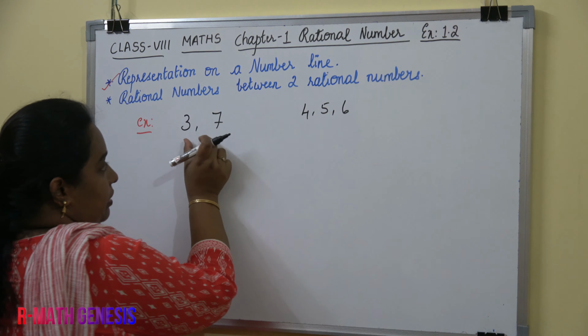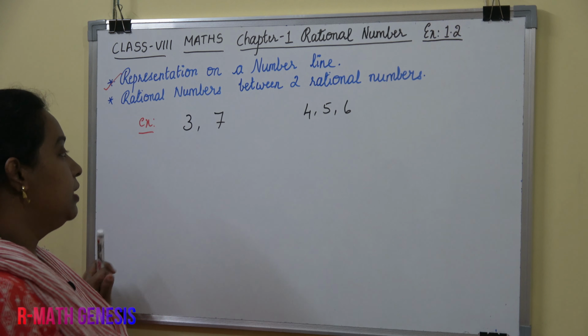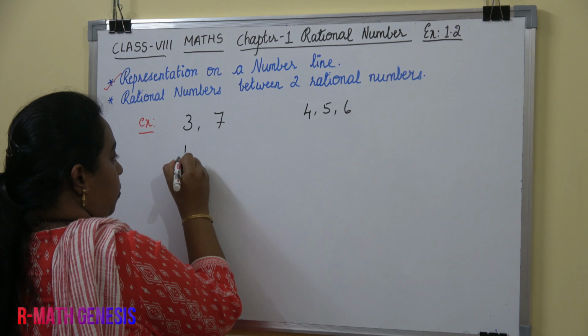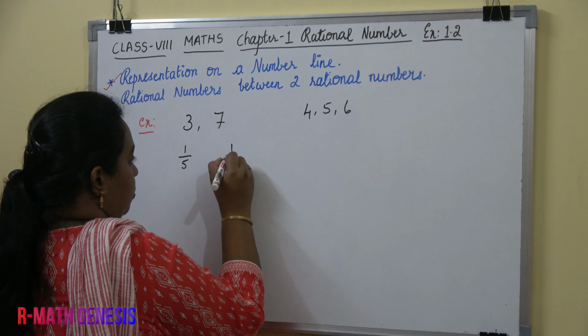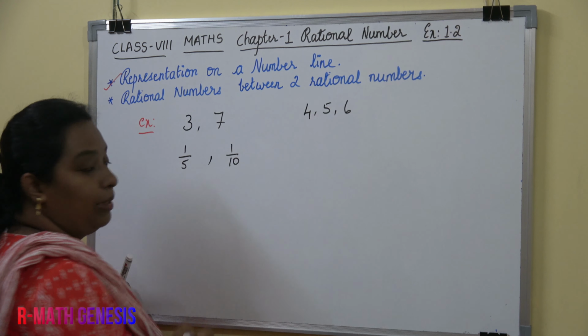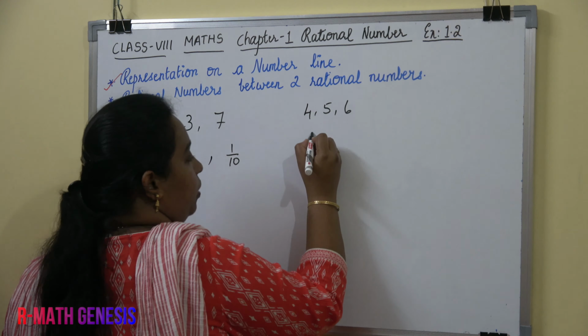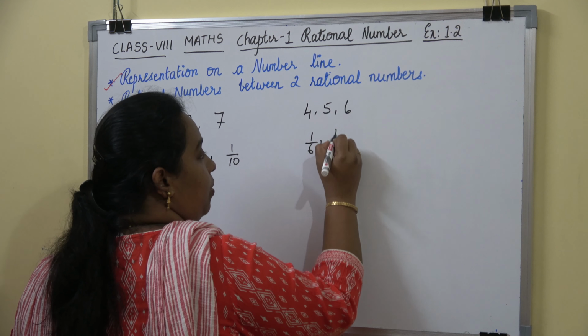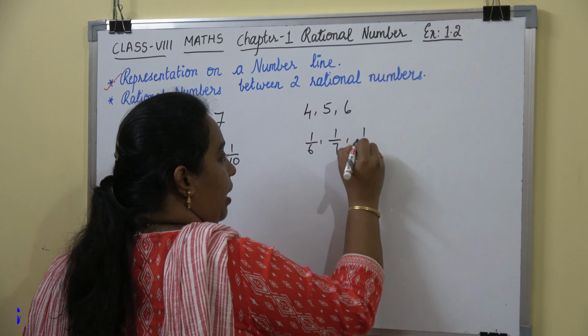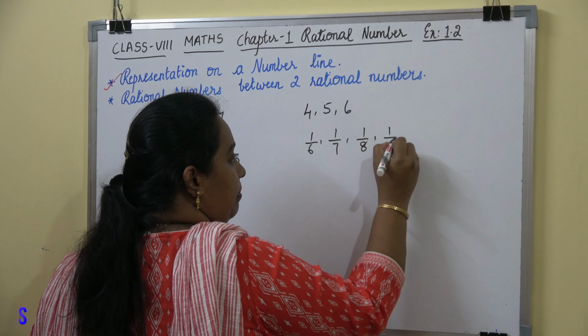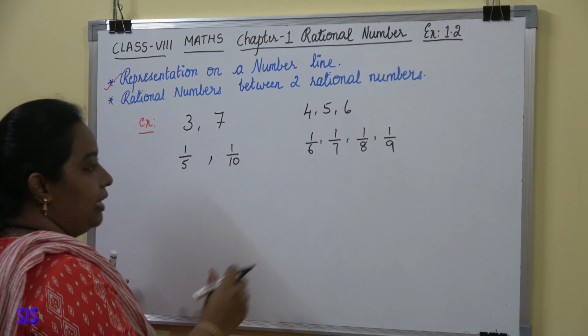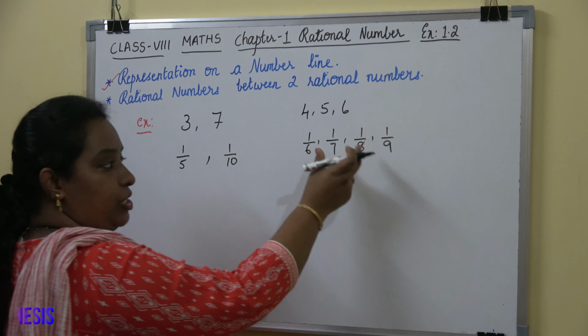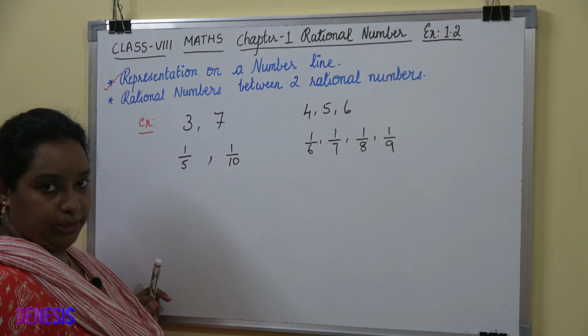These are the numbers between 3 and 7. Suppose I want the numbers between 1 by 5 and 1 by 10. So what will we write? 1 by 6, 1 by 7, 1 by 8, 1 by 9. These are the rational numbers between these two rational numbers.